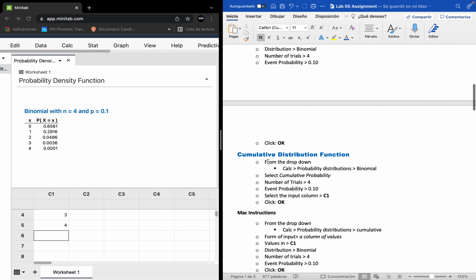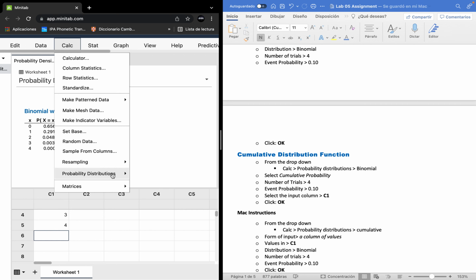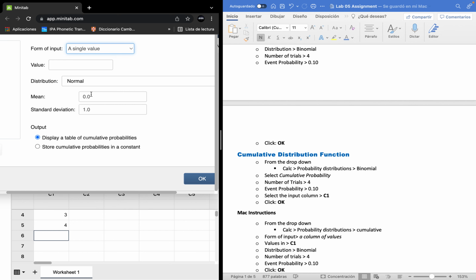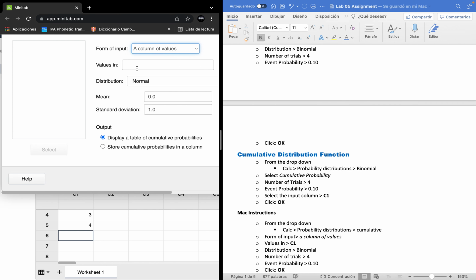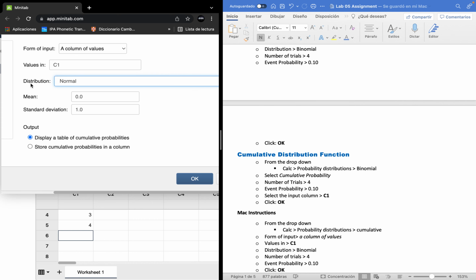Now, the cumulative distribution function. We're going to do the same as before. Go to Calc, Probability Distributions, but now choose Cumulative Distribution Function. Then everything is the same. Form of input, choose column of values. The values are coming from C1.